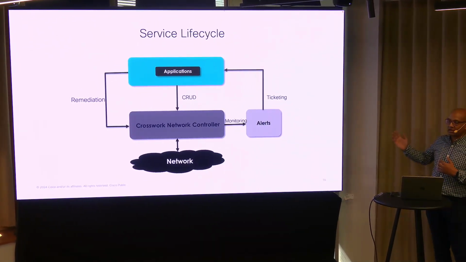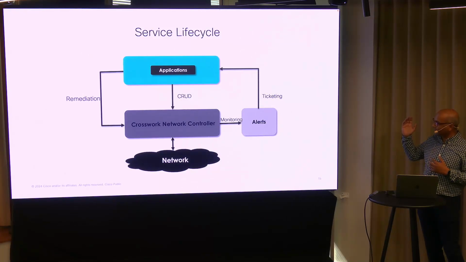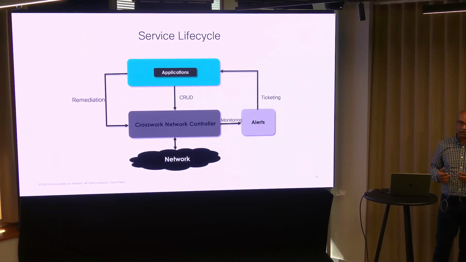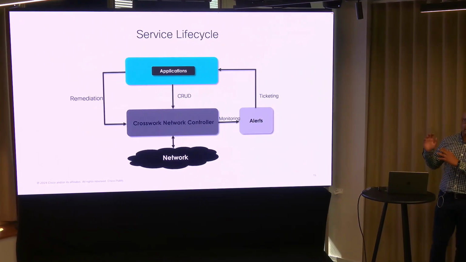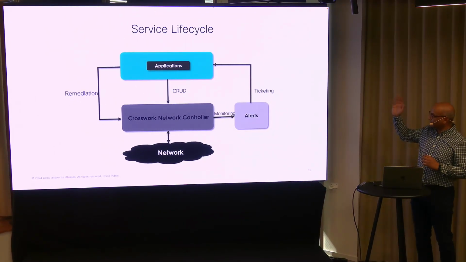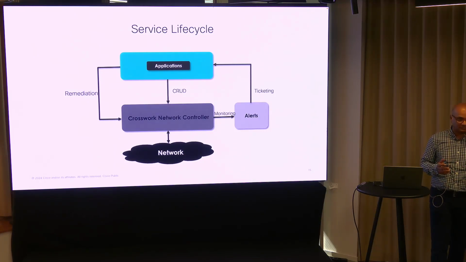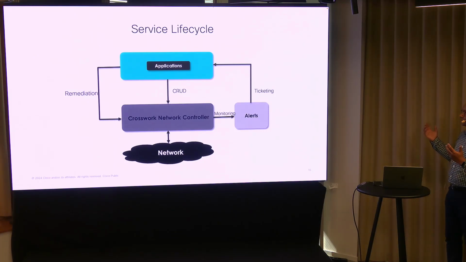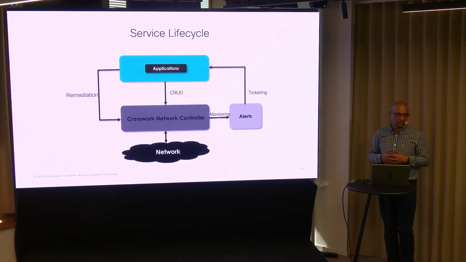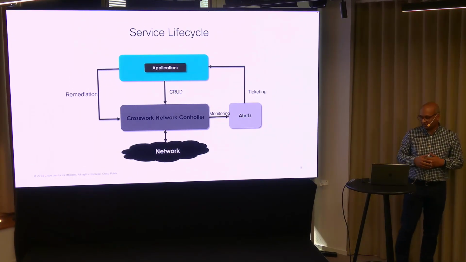You should have APIs which will easily ingest the alerts from your CNC, and then you can use Python scripts or scripts to send it to your favorite ticketing system, right? And then possibly as the last step, you can initiate the remediation from your OSS applications.